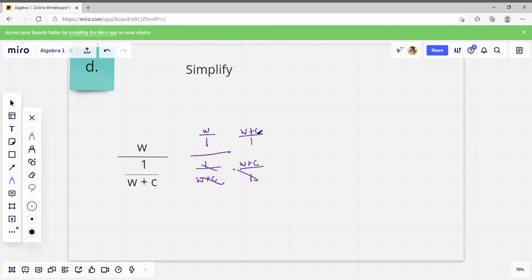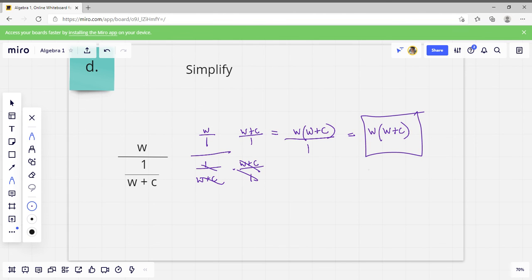All this will cancel out, and now we don't have a bottom. Then we're just going to multiply w times (w plus c) over 1, and we don't have to write that 1 anymore, so we can just do w times (w plus c). And there is the answer to that one.